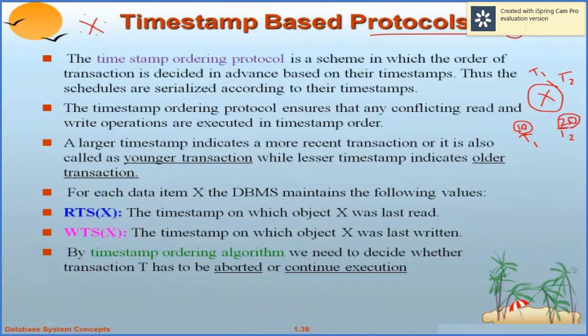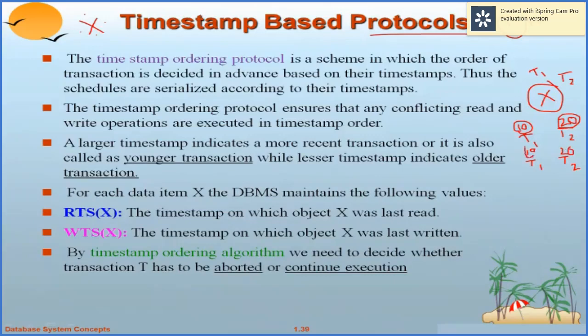So what is this going to tell me? It is going to tell me that transaction T1 has happened first because it is holding the low value, and transaction T2 has happened next to T1, whose value is 20. So what does it mean?